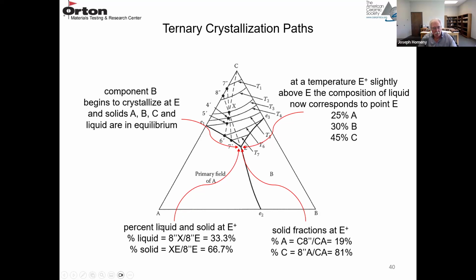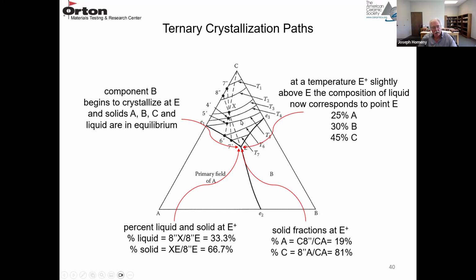And then we can do the percent liquid and solid at a point just above the eutectic. So we have to draw another line from E through X that intersects AC at 8 double prime. So the percent liquid is 8 double prime X, that segment over the entire segment, 8 double prime E, or 33%.